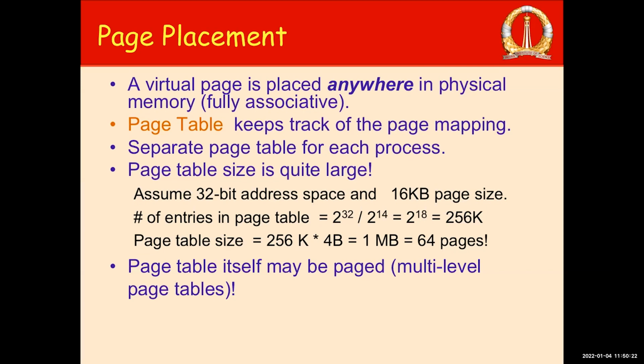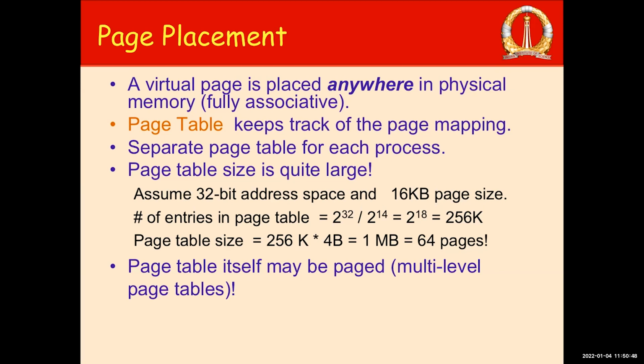There is something called a page table, which keeps track of the mapping of each virtual page and where exactly it resides in the physical pages. And each process has its own separate page table.